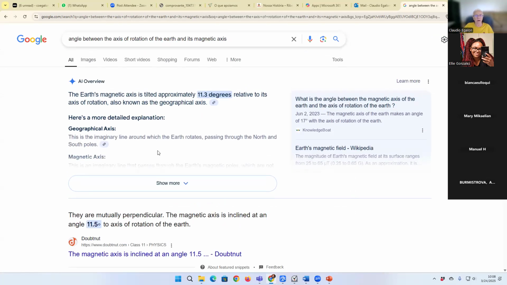See, around 10 degrees, 11.3 to be more precise. And because this angle is so small, we can use compasses to find out more or less where the direction of the North Pole is located.